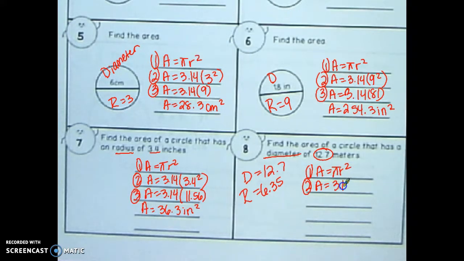I'm plugging in 3.14 for pi and 6.35 for the radius. 6.35 squared is 40.3225. And I'm not going to round until the very end. So I'm going to multiply by 3.14. And that will give me 126.6 meters squared.